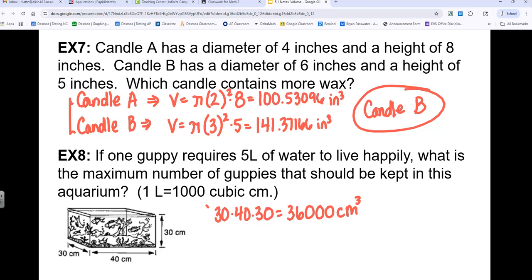You're going to have a lot of dead fish pretty quickly if you do that. So we need to change this to liters. They gave us the conversion here. This is why the metric system is so much easier than the English standard system. 1 liter is 1,000 cubic centimeters. So what should I do to find the number of liters here?